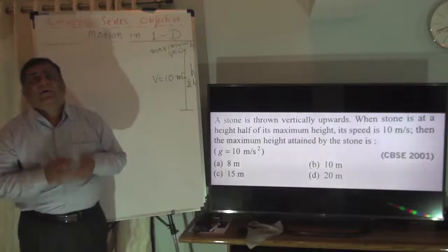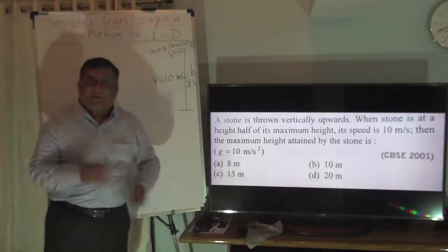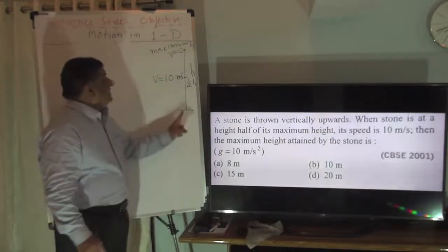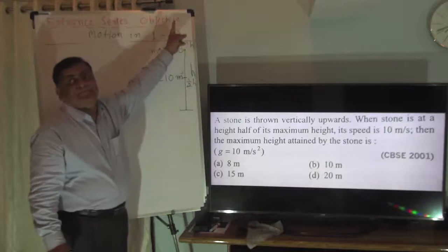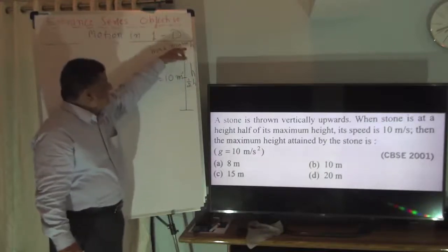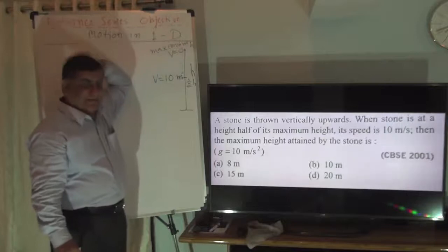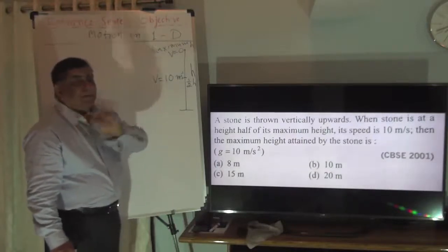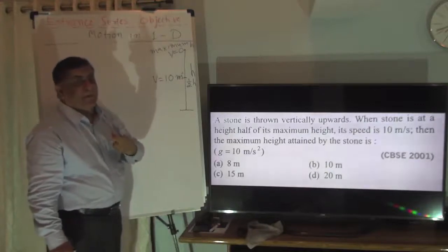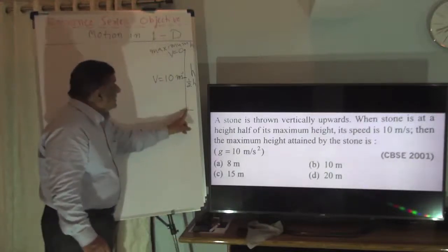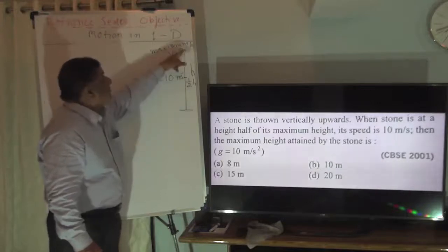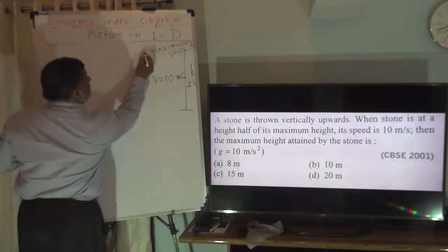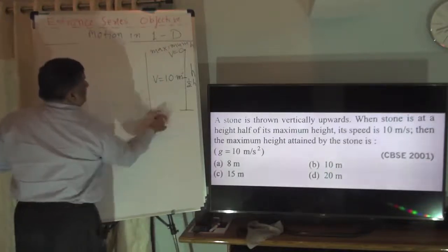Now there may be different methods for this, some difficult, some easy. I will tell you a trick for an easy one. The ball goes from here and it takes some time to reach here. Some height is here, some time is here. Remember, the reversibility rule says that the time taken from this point to this point will be the same if the ball is dropped from here and comes down to this position.